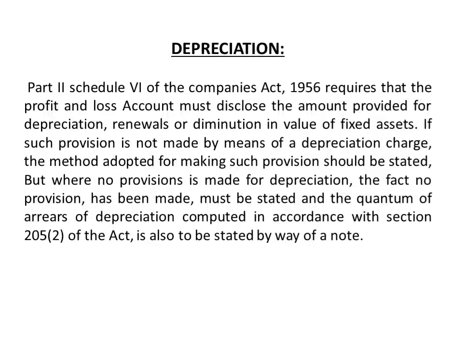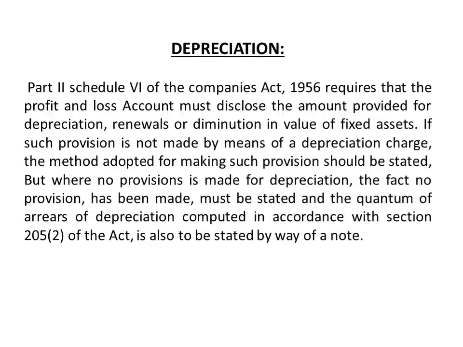Part 2, Schedule 6 of the Companies Act of 1956 requires that the profit and loss account must disclose the amount provided for depreciation, renewals or diminution in the value of fixed assets.